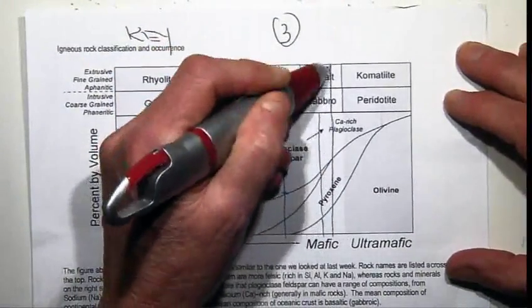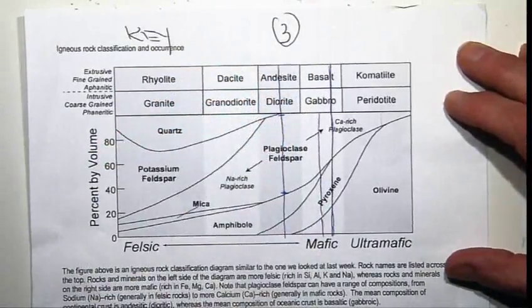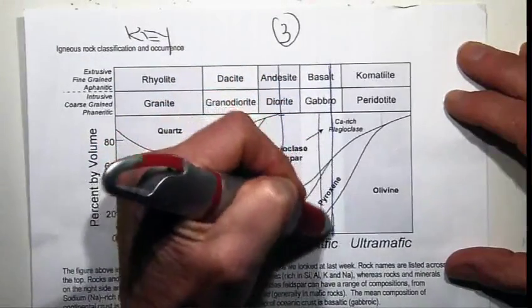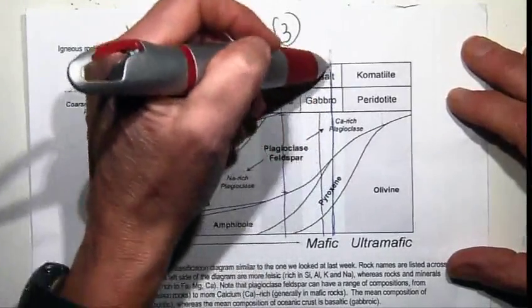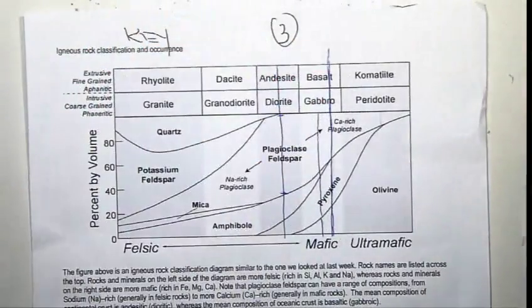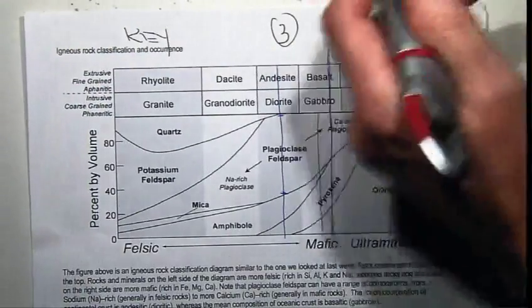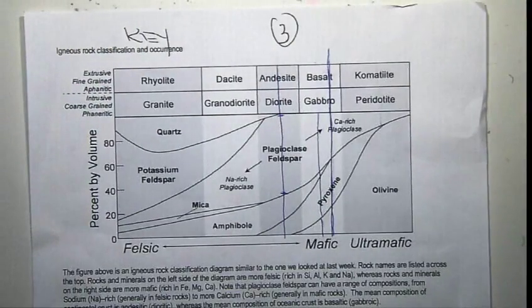So if that is your rock and you can see minerals in it, they're going to be in those percentages. If you can't see minerals in it, well, if it's got the same chemical composition, it's going to have those minerals in it. You just don't want to be saying that on the rock test because you won't be able to see them.